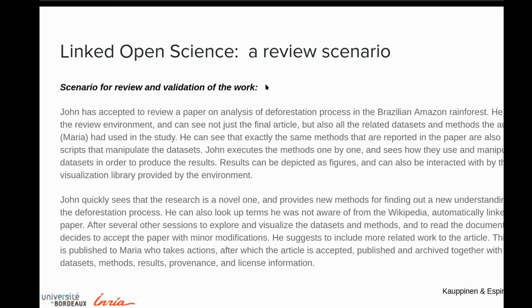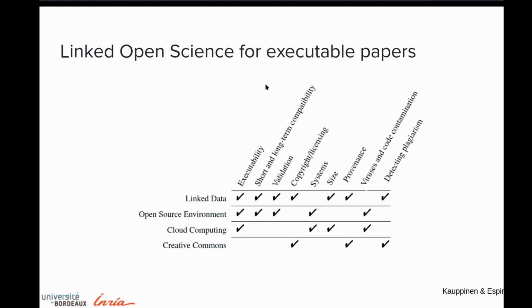And that's it. So maybe just to conclude with these scenarios, you can see the 4 bullets that I presented earlier. They have applications for the various steps of what an executable paper should be able to have.